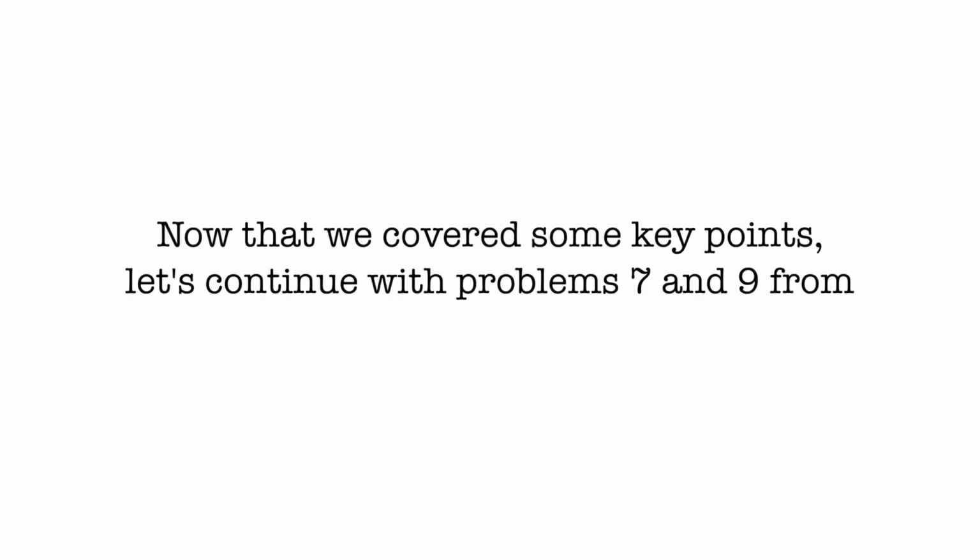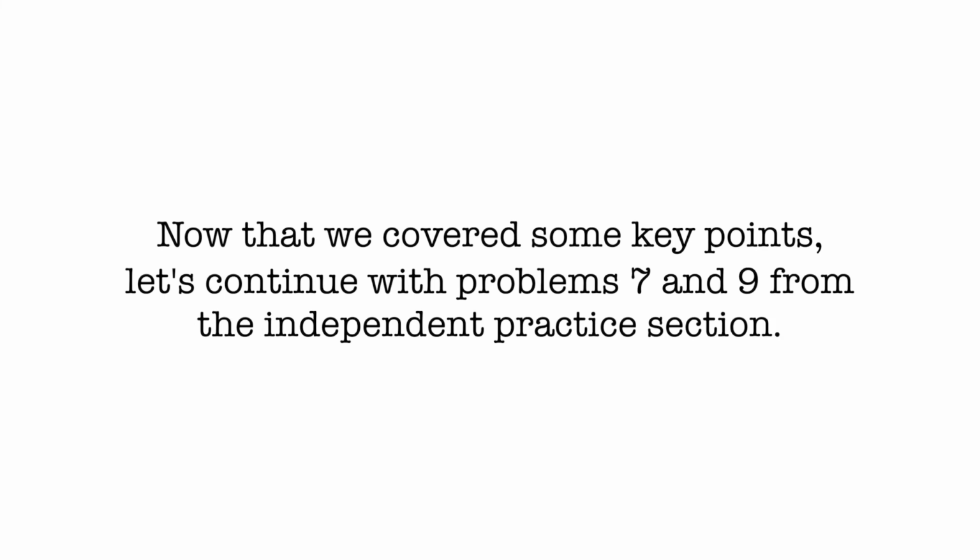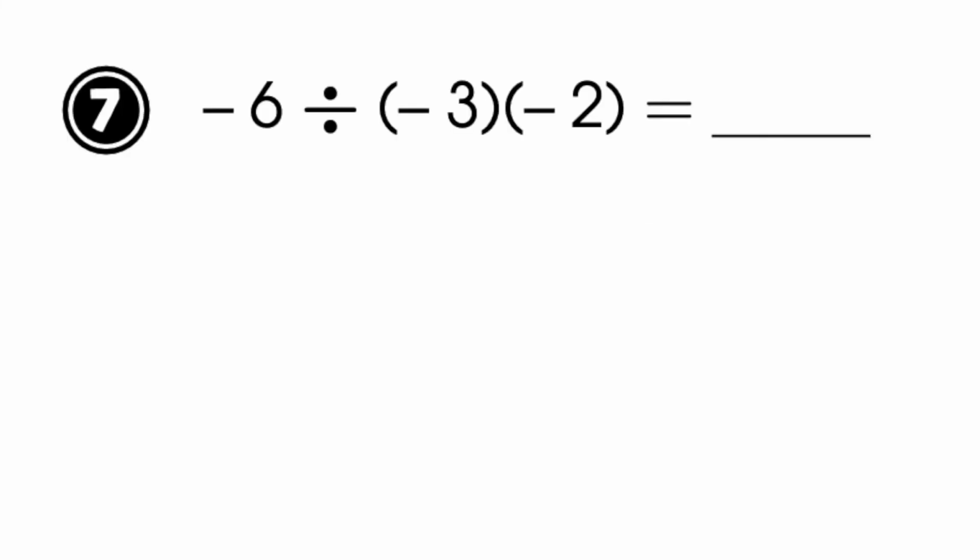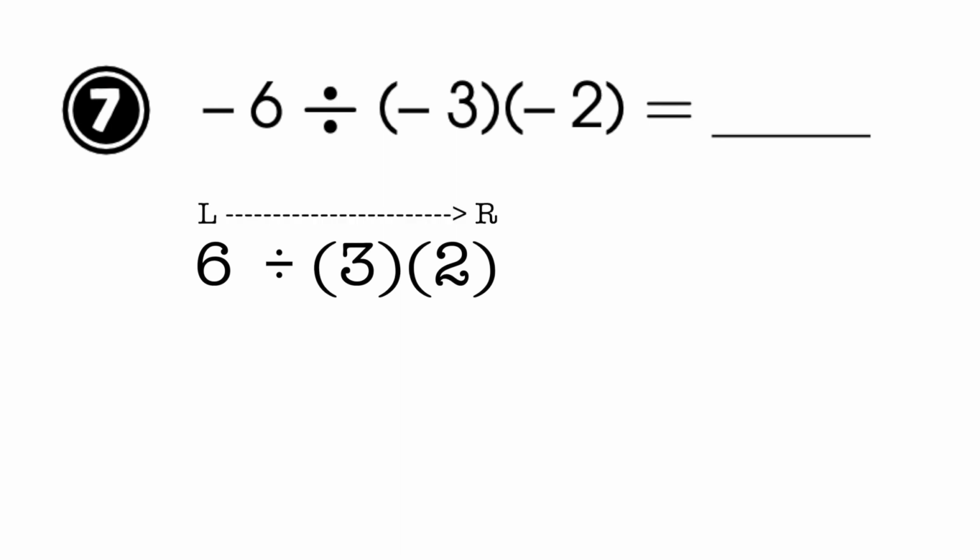Now that we covered some key points, let's continue with problems 7 and 9 from the independent practice section. For problem 7, we have -6 divided by -3 multiplied by -2. Now the first thing we want to do is to think of this problem without any negatives. Now, when there is multiplication and division within the same expression, we want to perform those operations from left to right.